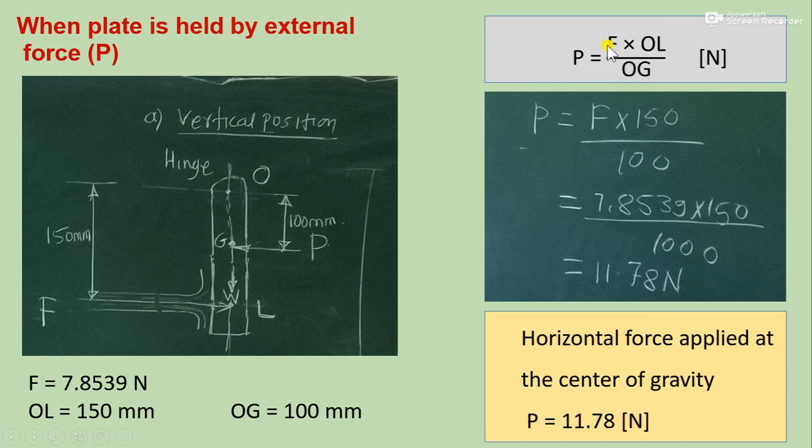So that is P is equal to F into OL upon OG. So here we directly put the value of OL, that is 150, the value of OG, that is 100, and the F value, that is calculated 7.8539. So we get the horizontal force applied at the center of gravity, that is 11.78 Newton.